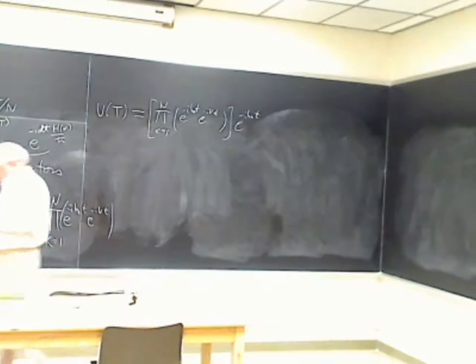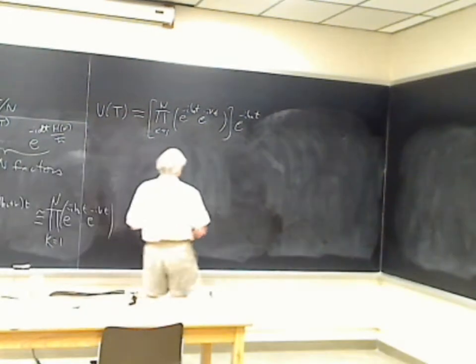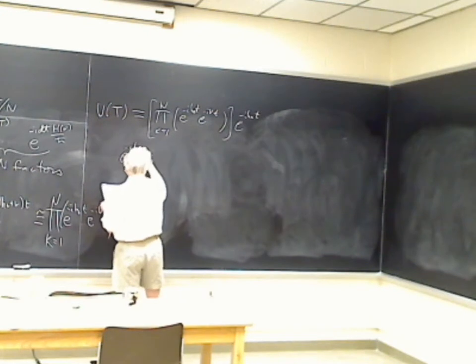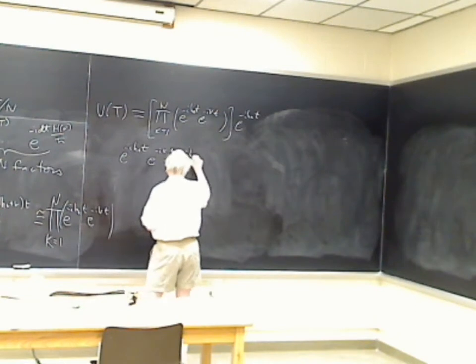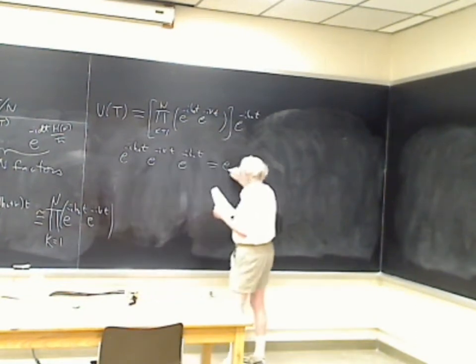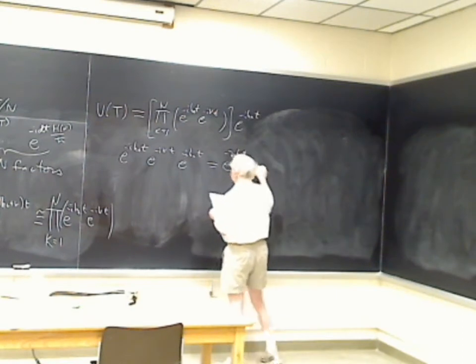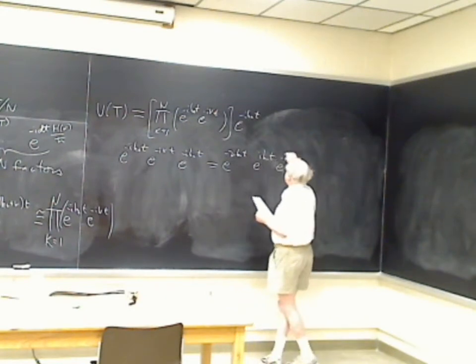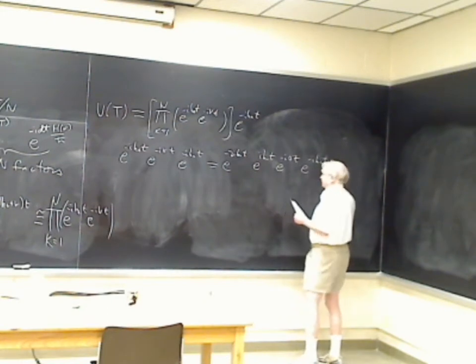Now there's an amazing thing that happens. I'm going to take the first three factors, e to the minus i H0 t, e to the minus i V t, e to the minus i H0 t, and write it as e to the minus 2i H0 t, e to the i H0 t, e to the minus i V t, e to the minus i H0 t.